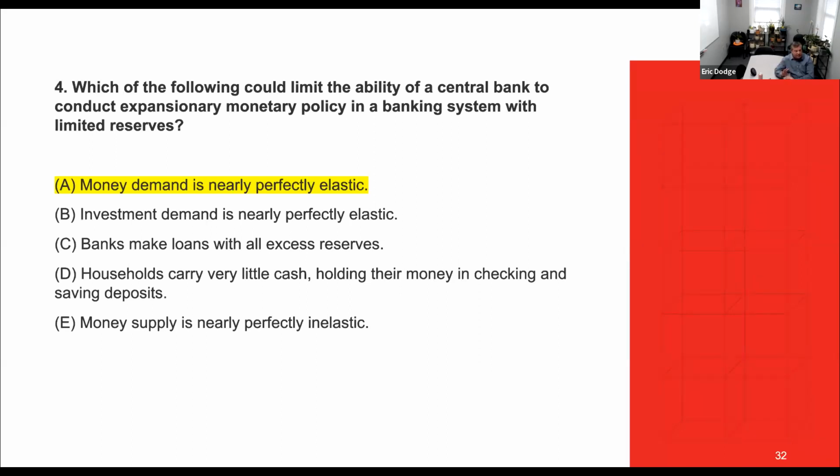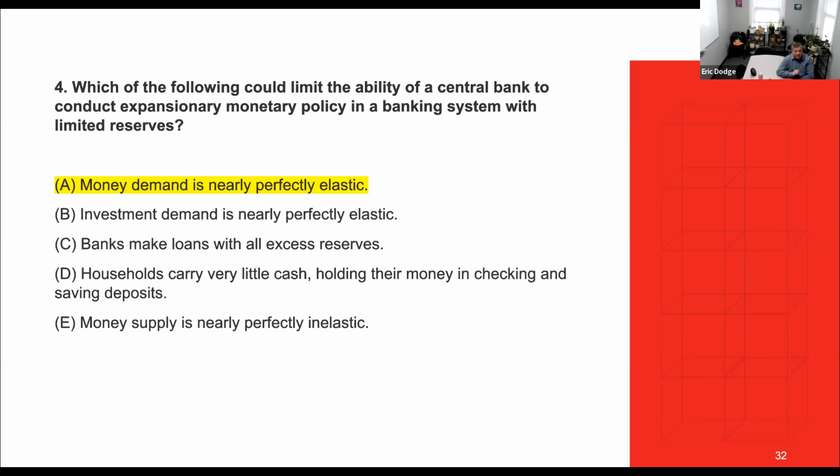That's the plan. But if money demand is nearly perfectly elastic, that means it's nearly horizontal. That means the interest rate won't drop hardly at all. And if the interest rate barely drops, they're not going to get that big boost in aggregate demand that they want. So this is a tougher sort of conceptual money supply type of multiple choice question.